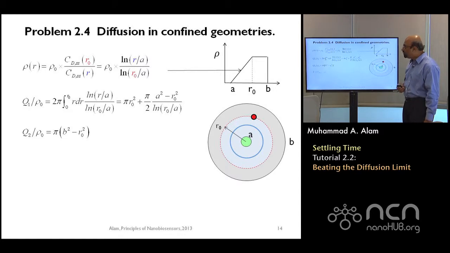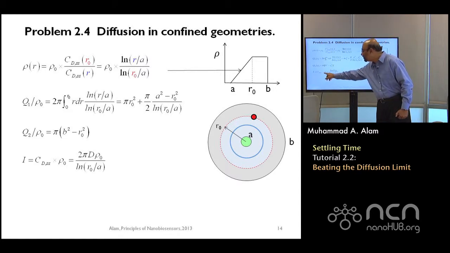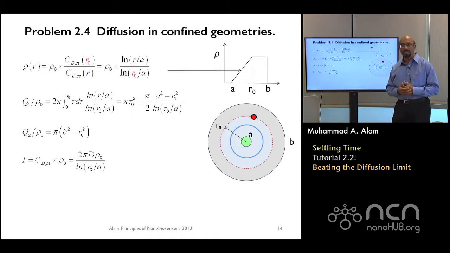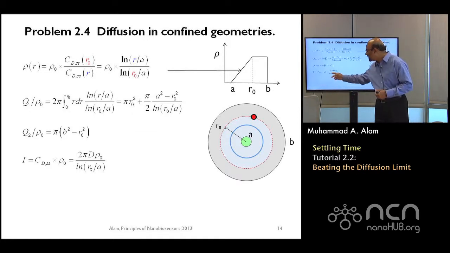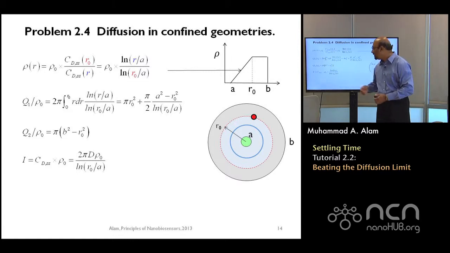The total charge would be, oh, by the way, what is the flux? The flux is CDSs multiplied by rho naught. That's the formula that we derived. And CDSs is 2 pi D rho naught over ln of R0 over A. Remember, if we inject something between this point and this cylinder, these two concentric cylinders, the flux is given by this.